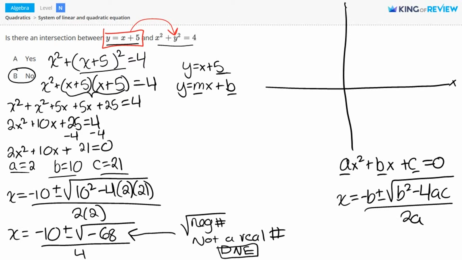Here's our x-axis and our y-axis. Okay, so it crosses over the y-axis at 5, which is right here, and it has a slope of 1.